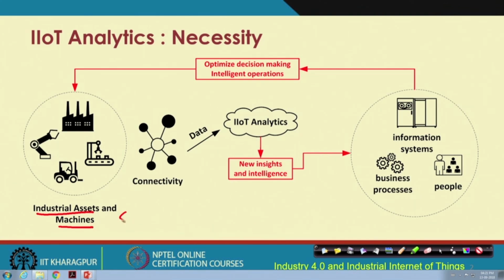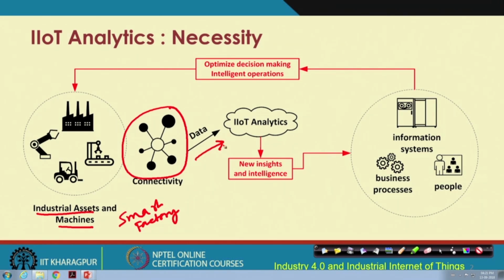For example, in a smart factory, where there is smart manufacturing, the equipments themselves are fitted with different smart sensors, which continuously access the data of different types from these machinery. So, these industrial assets and machines are fitted with different sensors. Data over a particular network are going to be sent for further processing, as I was telling you earlier.